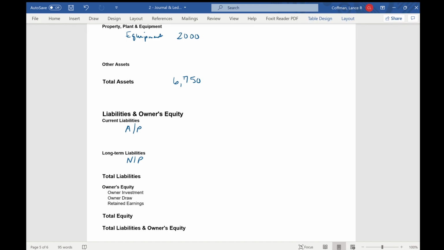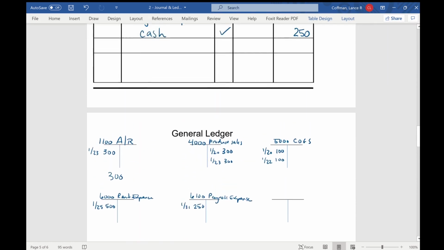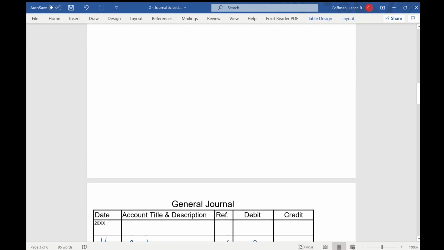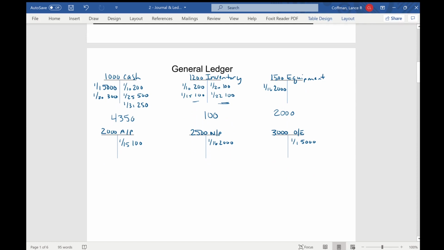So in the current liabilities, the accounts payable, we have $100. So we're going to transfer that down. And then on the notes payable we also have $2,000. And we want to make sure that we get that in the liabilities section.